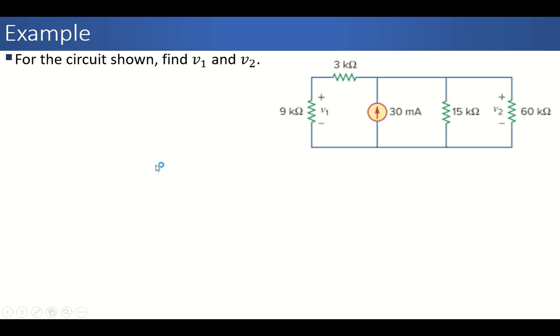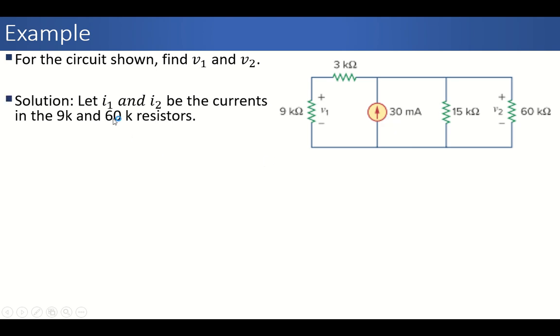Let I1 and I2 be the branch currents in the 9K and 60K ohm resistances. Suppose I1 is the current flowing in this branch, and I2 is the current flowing in the 60K ohm resistance.